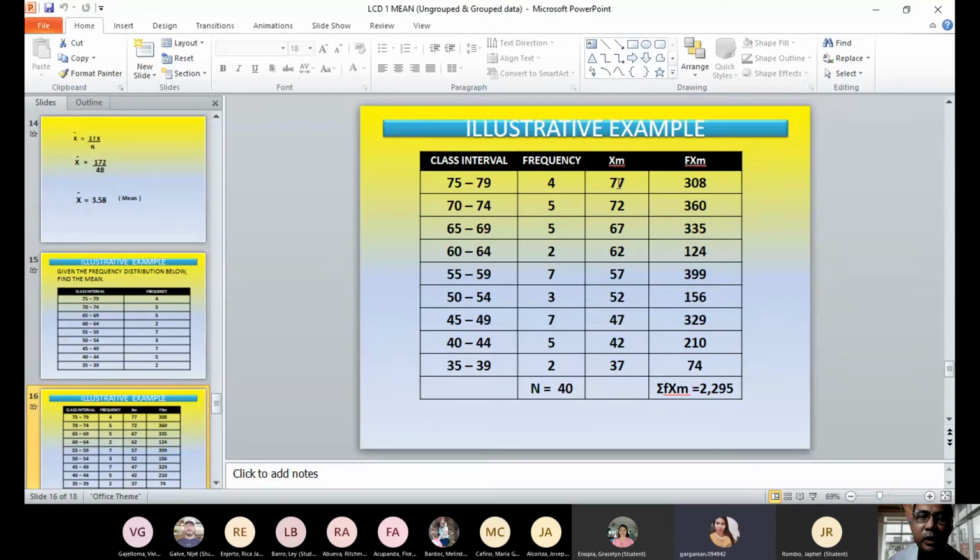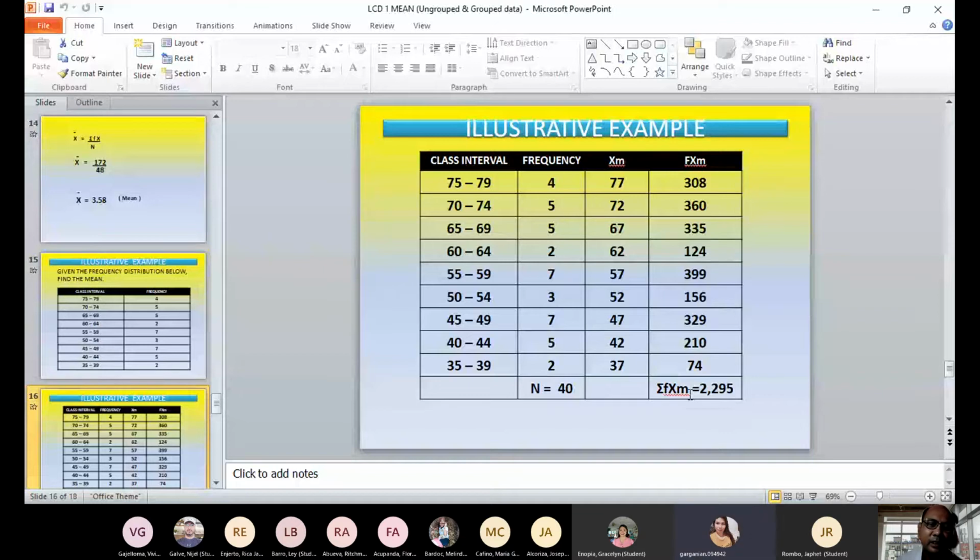Then multiply it by the frequency, which is equal to 4. So the result is 308. The same process for the rest of our classes. Then you sum up. The result is 2,295.